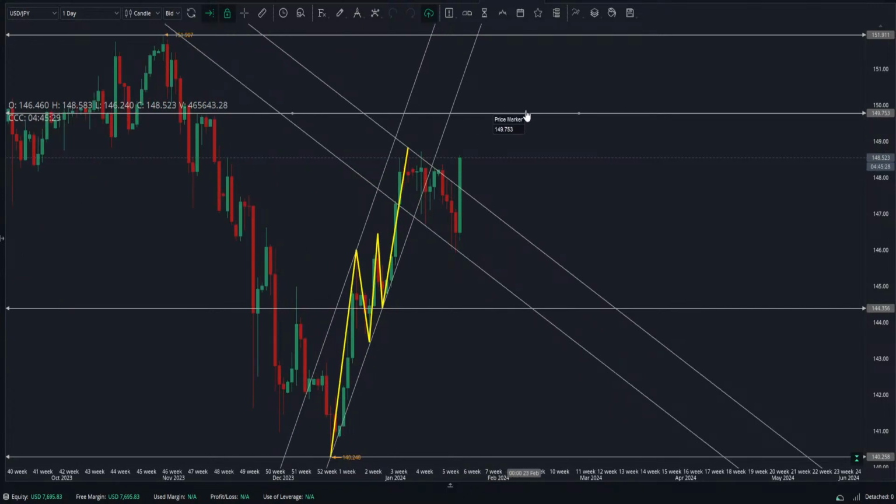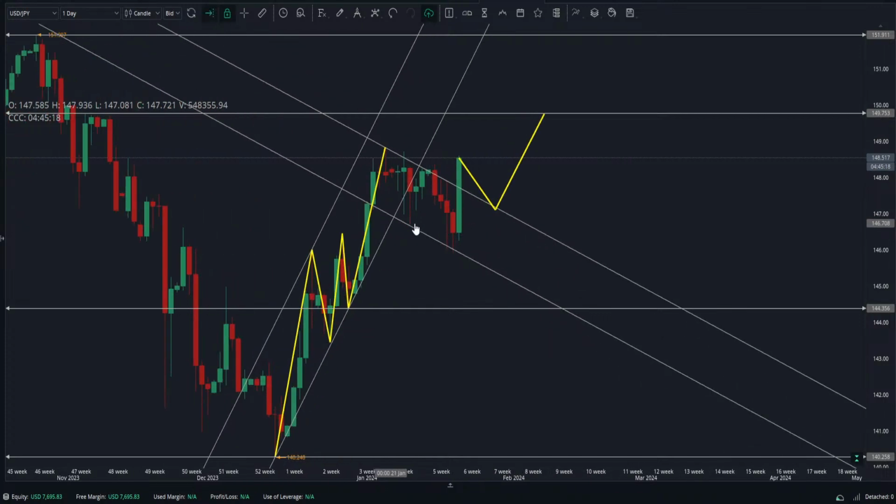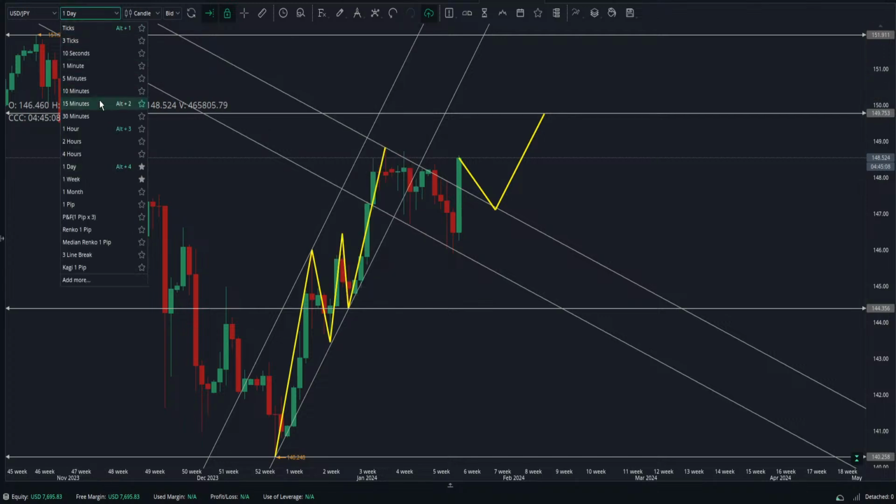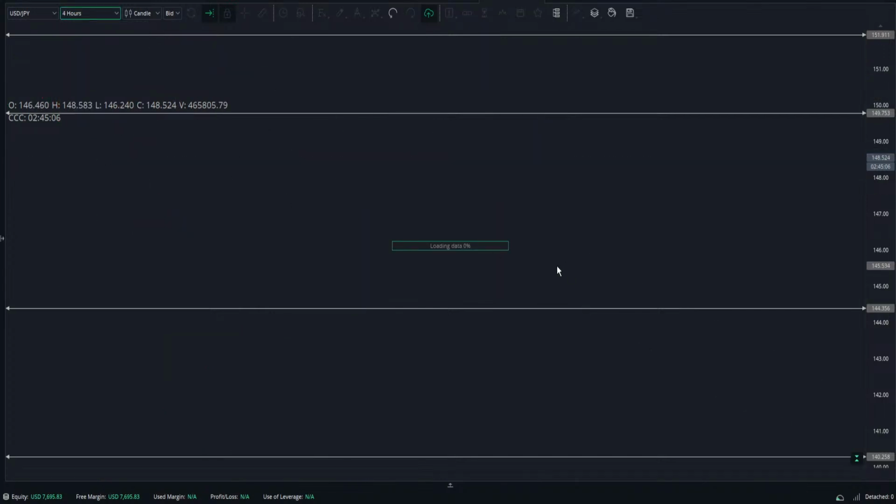So right now there is no need to buy, but yes, if you can get this market with this price, somewhere here 147 or something, that too with a channel being broken by the bias to the upside, then I think that will be a good idea. Maybe I will show you on the lower time frames, on the 4 hour maybe.